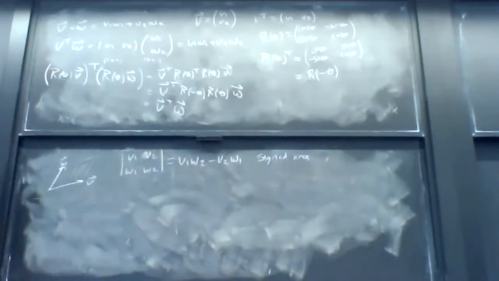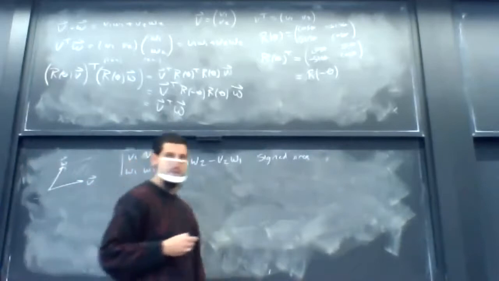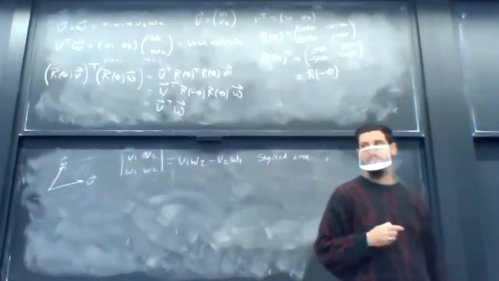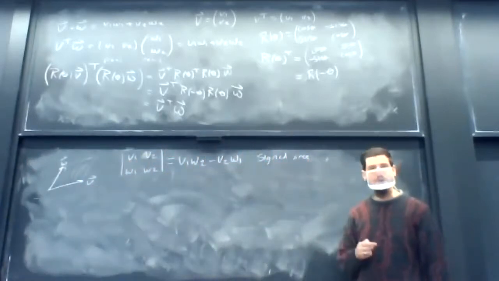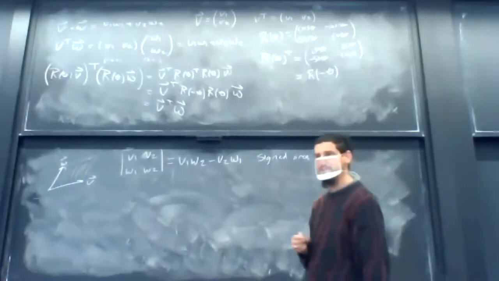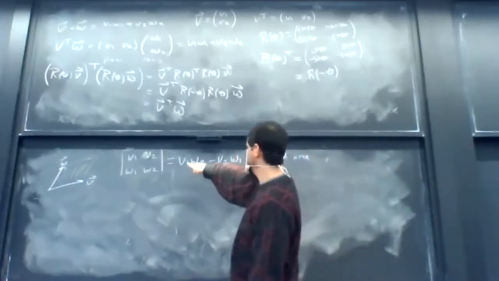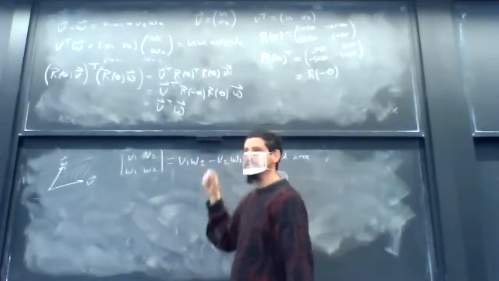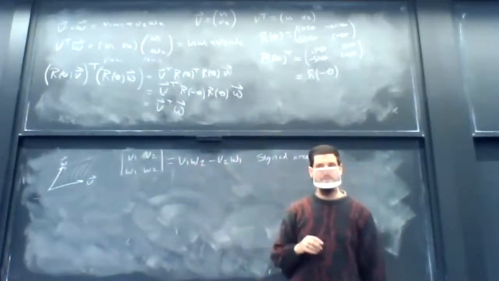So as long as my vector does not have length 0, I can always adjust it to have length what? If it has length 0, what's the only vector that has length 0? Vector 0. Okay, well then V1 is 0, V2 is 0, the area is 0, not a big deal.